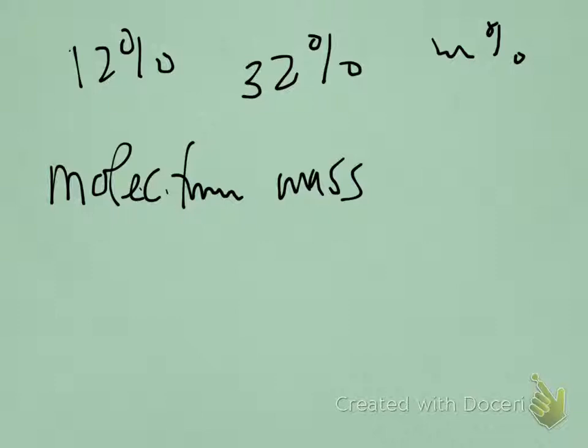So here's what I'm going to do. Homework is due tomorrow. I'm going to have a paper-based quiz for you on finding empirical formula from percent composition and finding molecular from empirical.